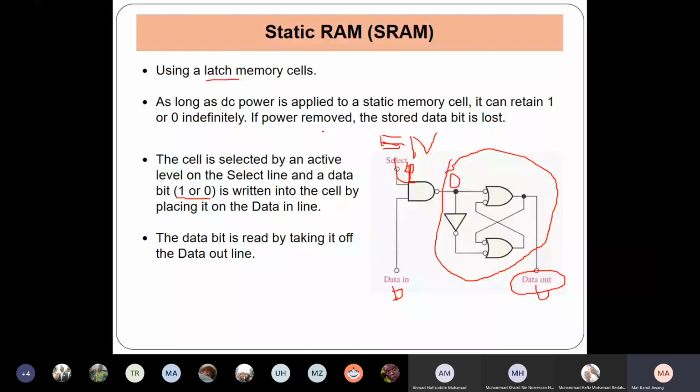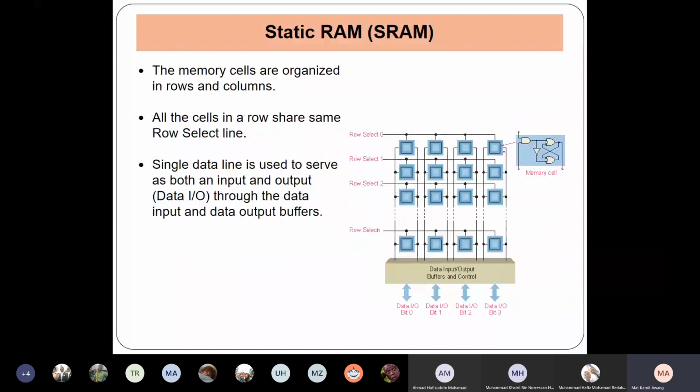In this cell here, you have this circuitry, for each cell. Imagine if we have one terabyte, meaning 8 terabits. So you have 8 terabits of this.